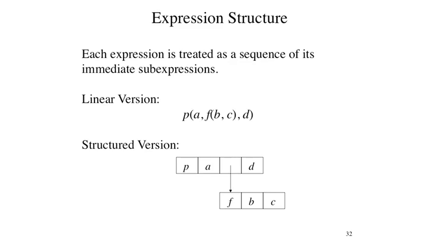For example, the expression P of A, F of B, C, and Z can be thought of as a sequence with four elements, namely the relation constant P, the object constant A, the term F of B, C, and the variable Z. The term F of B, C can in turn be thought of as a sequence of three elements, namely the function constant F, the object constant B, and the object constant C.